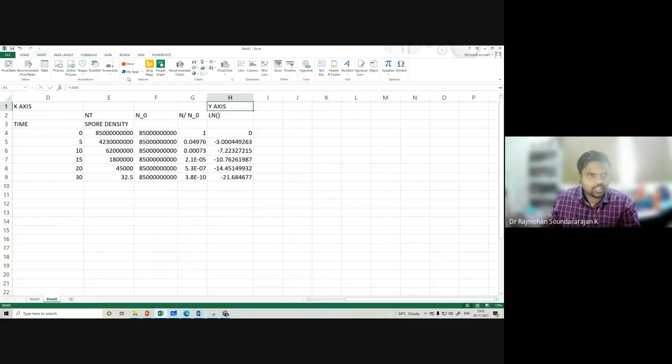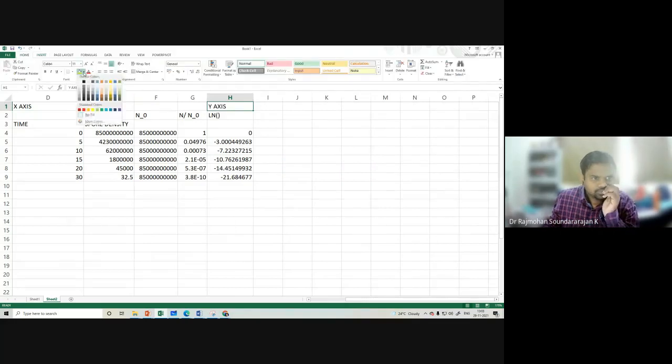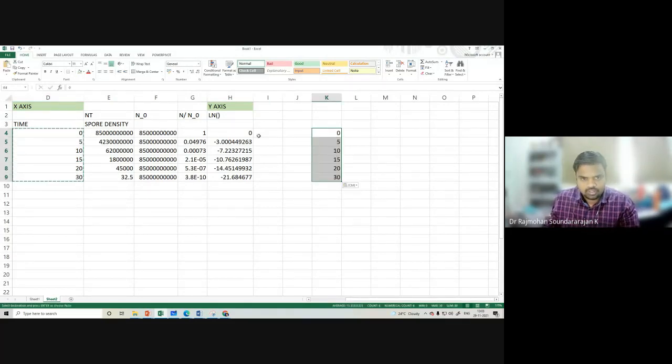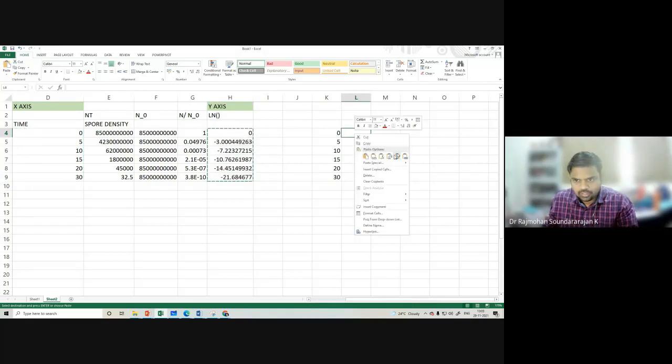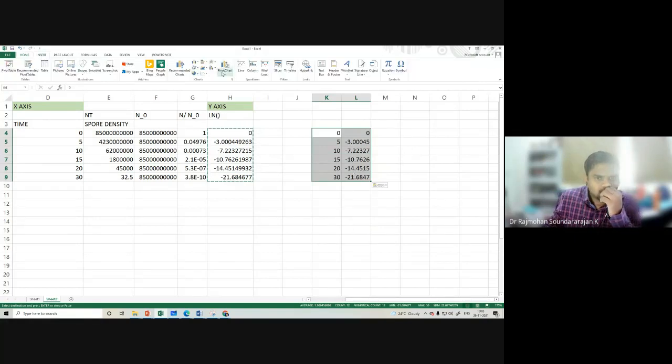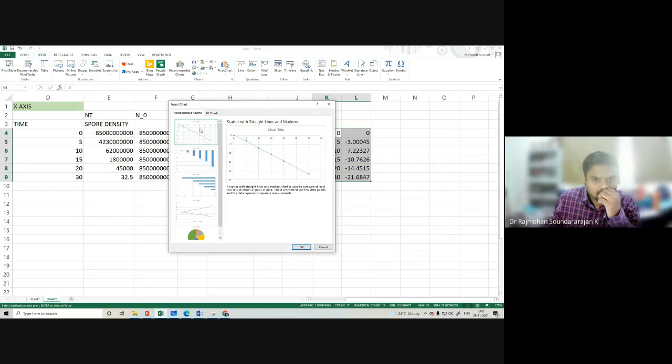So plot this versus this. Even if you want, you can take these values separately and paste them, so you should not get confused. Now we need a plot for this. So insert, go to graph, and we can get a nice graph here.